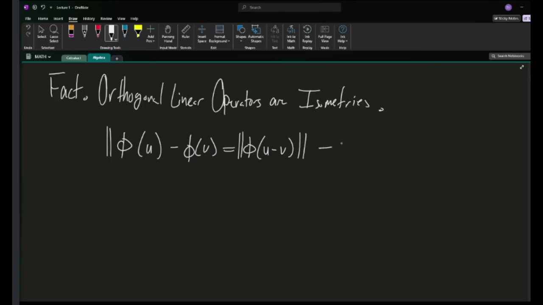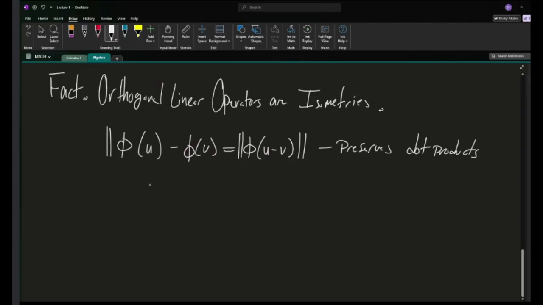It preserves dot products. And that's exactly what the point of an orthogonal matrix or an orthogonal anything would result in. It always preserves dot products, and that's the key defining feature of orthogonality.